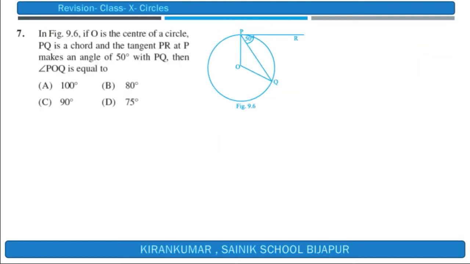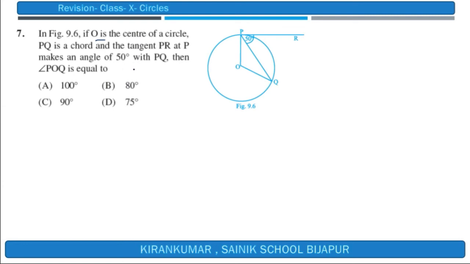Question number 7. In figure 9.6, if O is the center of the circle, PQ is a chord and tangent PR at P makes an angle of 50 degrees with PQ, then angle POQ is equal to.